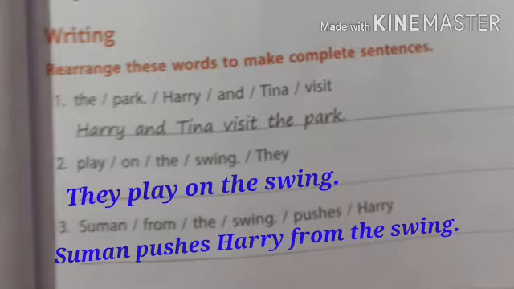See, whenever we are writing the name of any person in a sentence, the first letter should be a capital letter. Here you can see Suman, the starting letter S is a capital letter, and Hari, the first letter H is a capital letter. So whenever we are writing anyone's name, the first letter should be a capital letter.